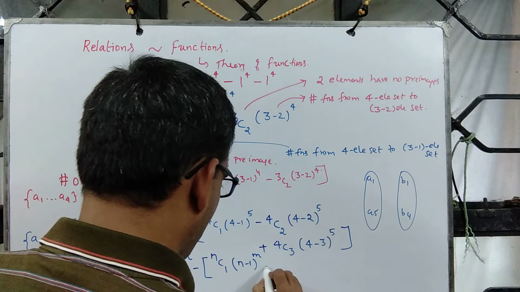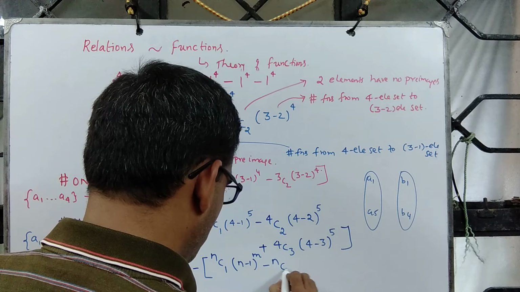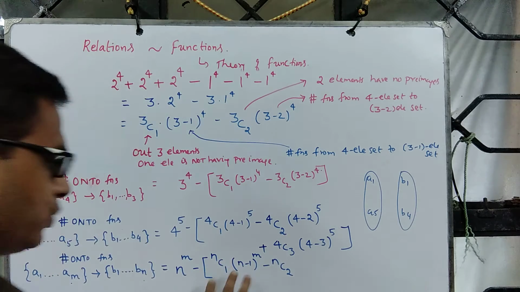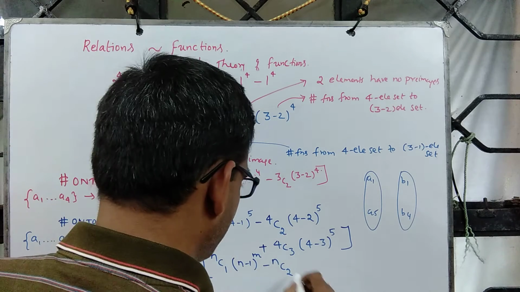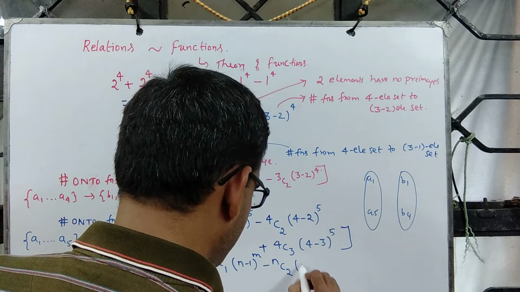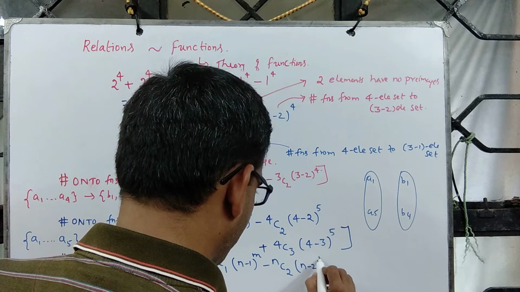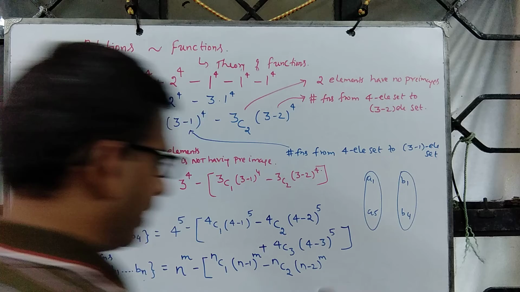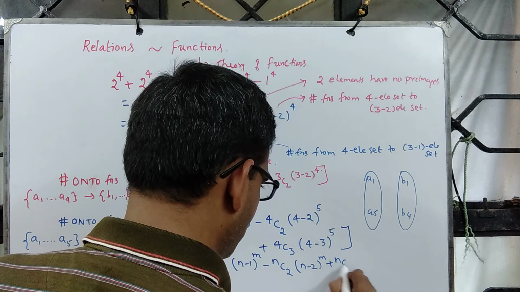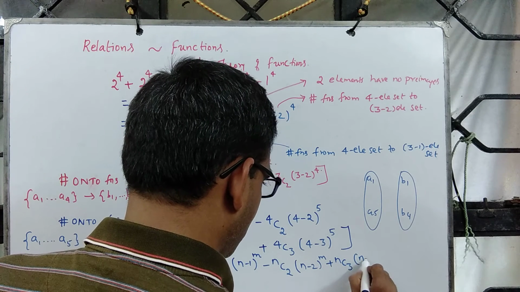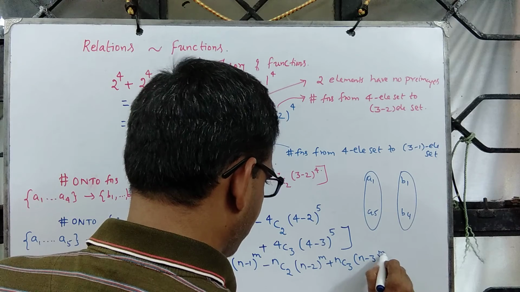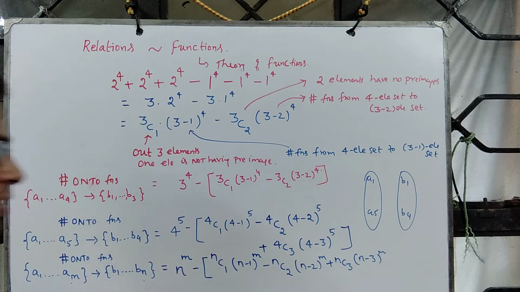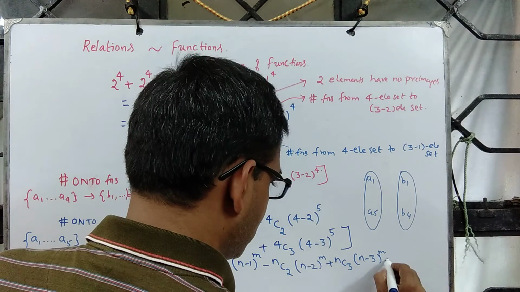Now n choose 2, alternate, inclusion, exclusion. N choose 2 times (n minus 2) to the power m, and plus n choose 3 times (n minus 3) to the power m. So like that it goes.